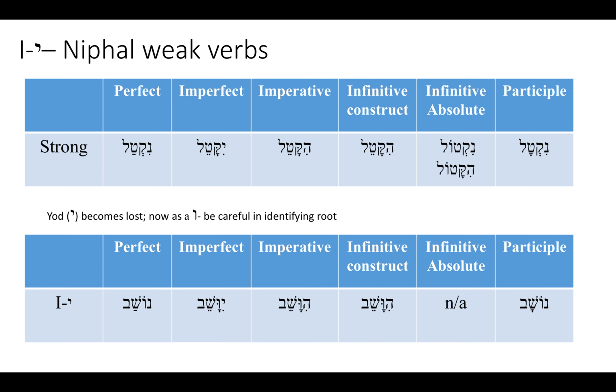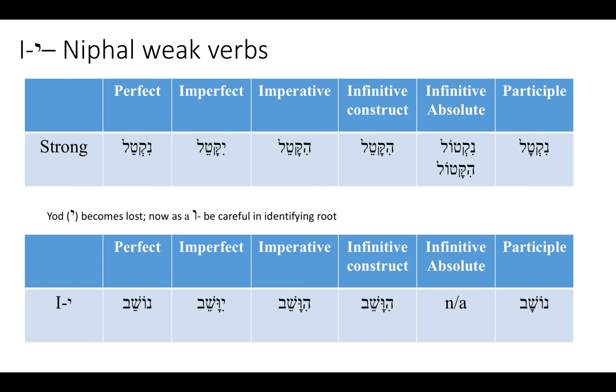So if you look at the perfect form, niktal becomes noshav. The yod there has disappeared from the root yashav. We still have the nun prefix, and we still have a patach stem vowel there. The main difference, of course, is the loss of the yod, and then we have a holem vav there instead. So the vav comes back and is given a holem vowel.